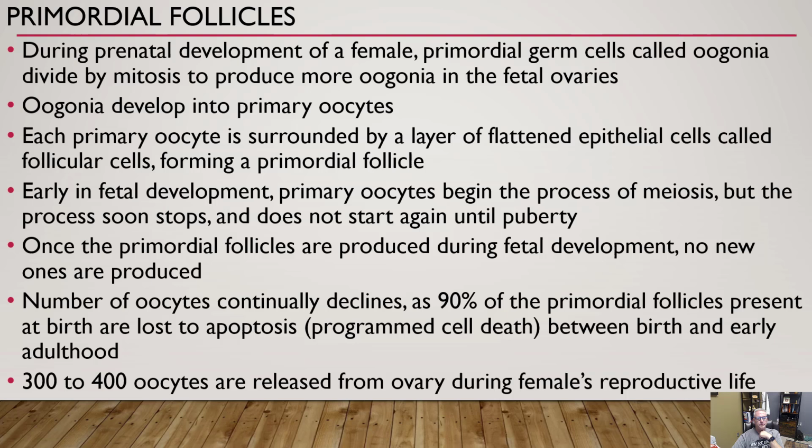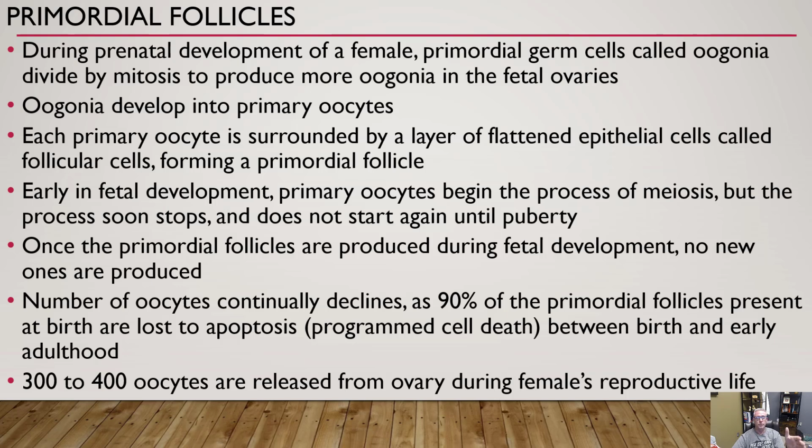All right. Now, primordial follicles. So during prenatal development, before females are born, we have these things called primordial germ cells. They're also called oogonia. And they're going to divide by mitosis, not by meiosis, but by mitosis to produce more oogonia in the unborn fetal ovaries.